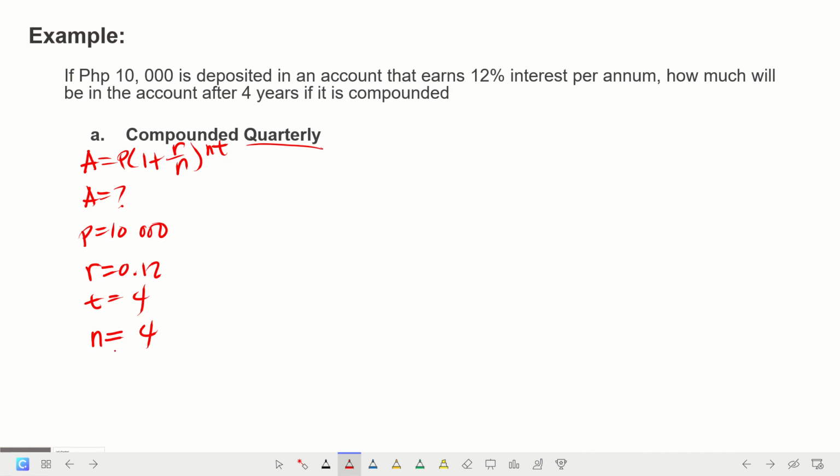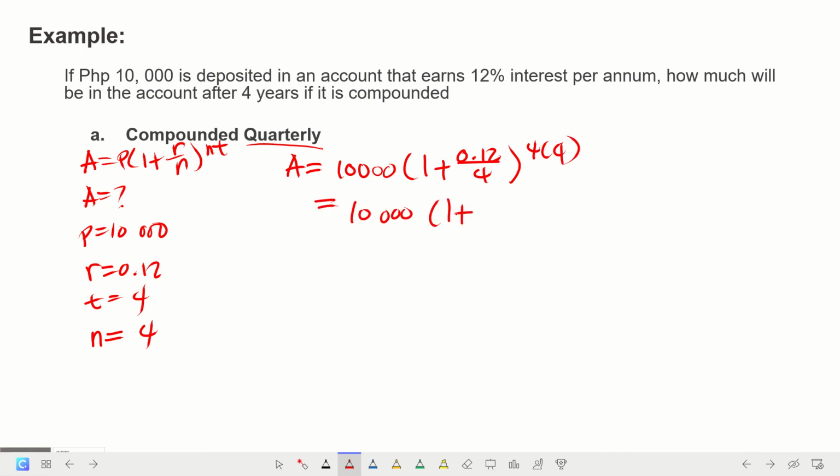Go to the table of compounding frequency to determine the number of compounding. So, let us now substitute in our equation. A is equal to 10,000 times 1 plus 0.12 divided by 4 raised to 4 times 4, which is equal to 10,000 times 1 plus 0.03 raised to 16, which is 10,000 times 1.03 raised to 16.